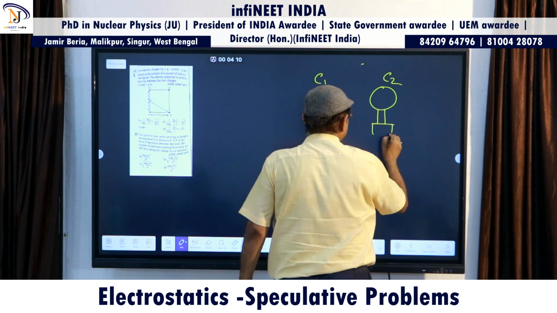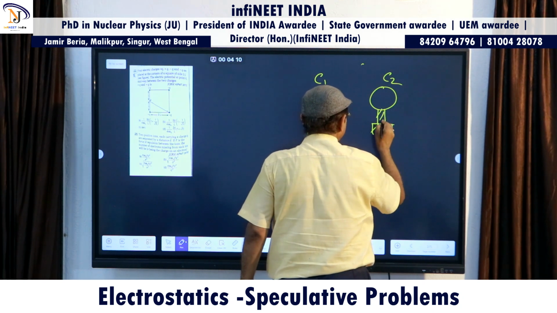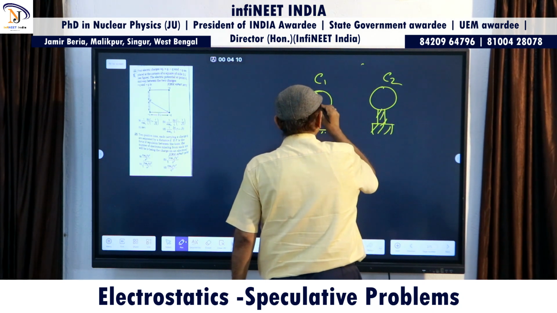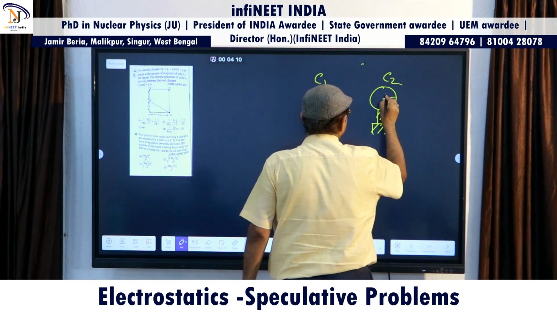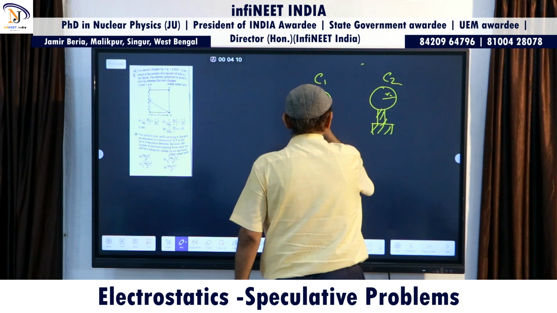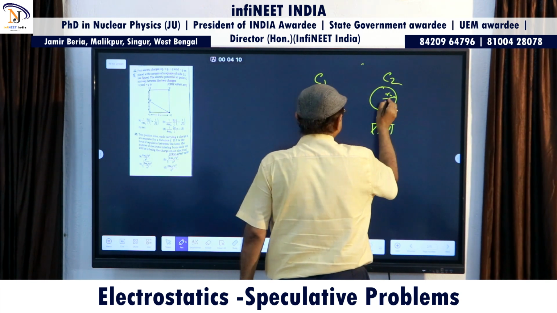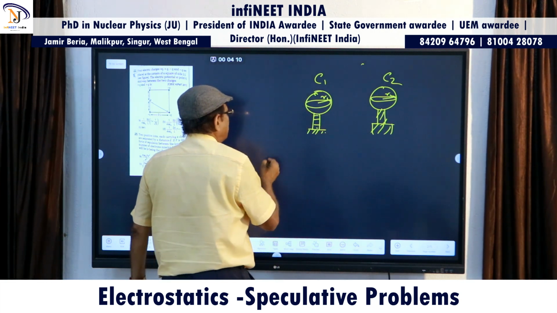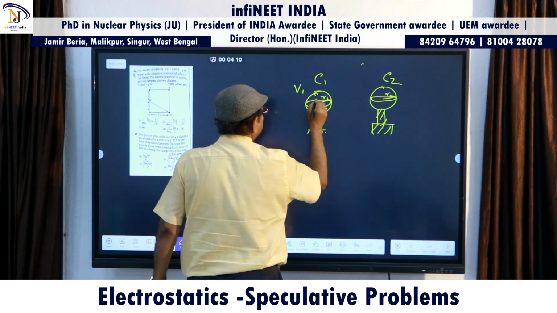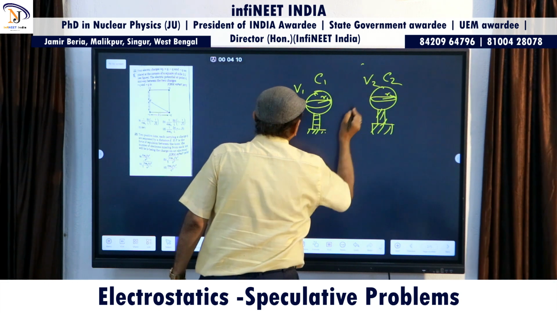It is placed here. If its radius is R1 and its radius is R2, then this is actually a spherical capacitor. Now what is the charge? Its potential is V1. Its potential is V2.